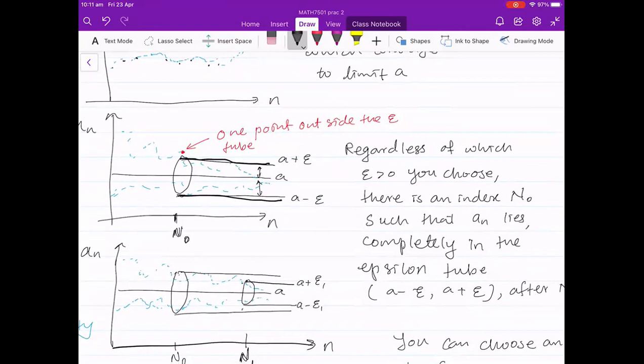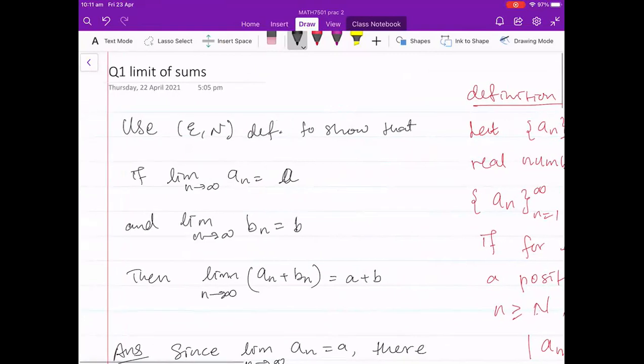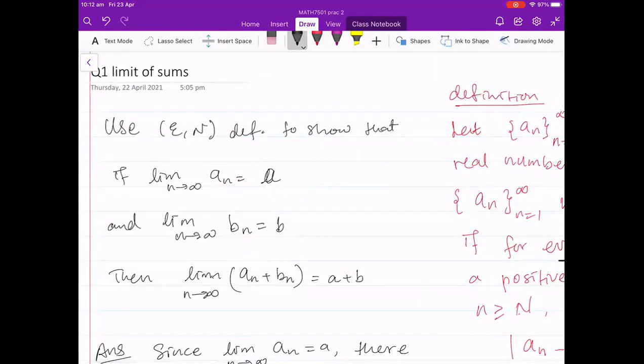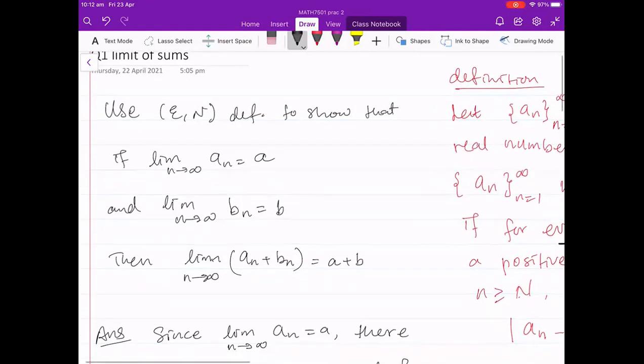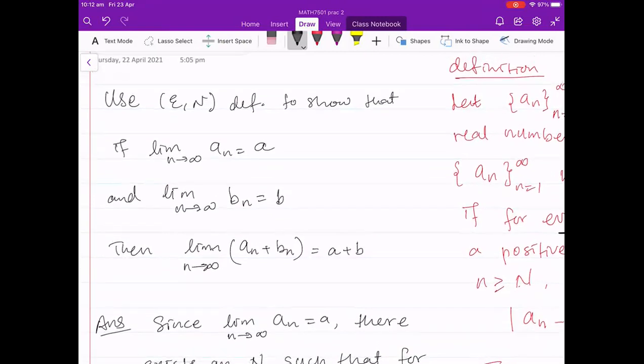No? Okay, how would you start with that question? Use the epsilon-N definition to show that if the limit as n tends to infinity of a_n is a, and of b_n is b, then the sum of the limits is the limit of the sums. Okay. Let's start with the definition of this one.